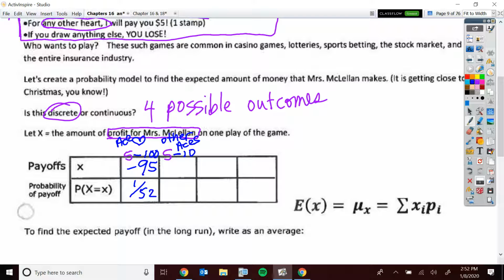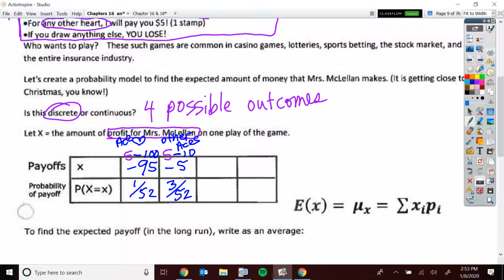So I ultimately have not lost $10, I just lost $5. How frequently will I lose $5? 3 out of every 52 plays, on average, in the long run. I know 3/52 of the time, I'm going to lose $5.